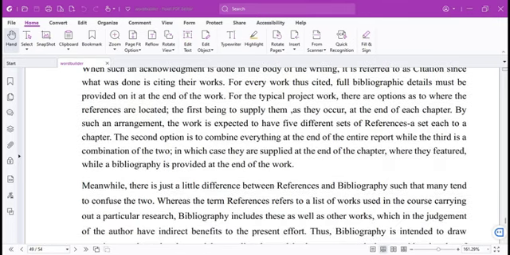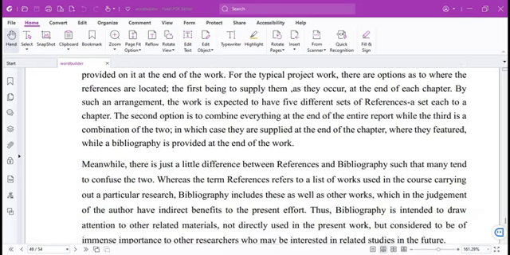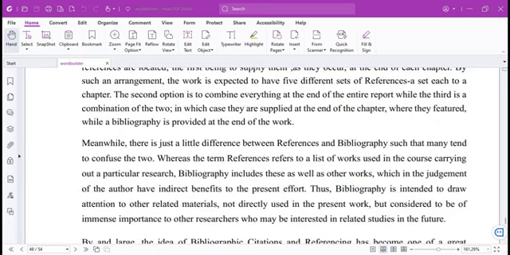Meanwhile, there is just a little difference between references and bibliography, such that many tend to confuse the two. Whereas the term references refers to a list of works used in the course of carrying out a particular research, bibliography includes these as well as other works, which, in the judgment of the author, have indirect benefits to the present effort.